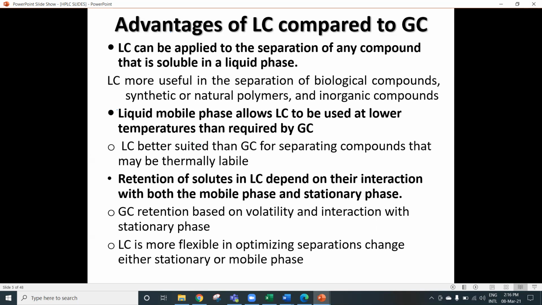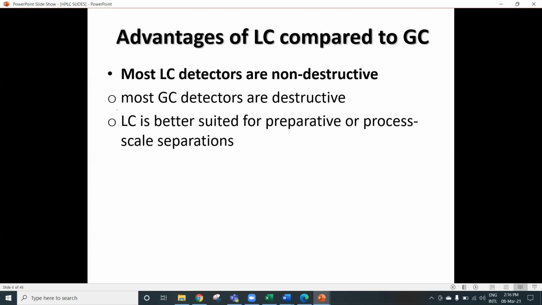And unlike GC, whereby we had just limitation in the type of gas we use, maybe helium, nitrogen, or argon for the gas chromatography mobile phase, in liquid chromatography, there's a wider array of substances or solvents that can be used as your mobile phase. So that gives more flexibility in optimizing the conditions for liquid chromatography.